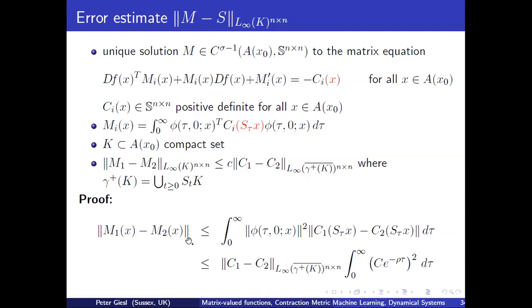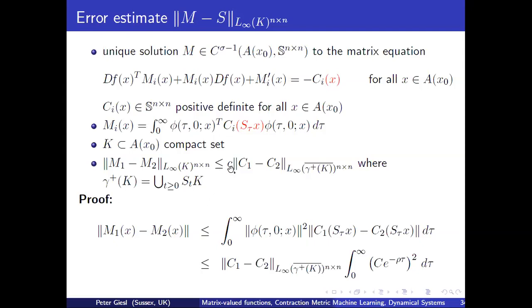So it's not enough to stay in K. We need the positive orbit. So we're starting in K and following the solutions for all positive times. That's why we need the bound of C1 minus C2 in the positive orbit of K here. We take the maximum out, and then this here is exponentially decreasing. So this is just a constant independent actually of where we started. It's a compact set.